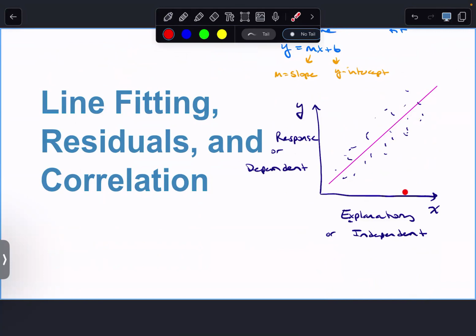Then my goal is to predict what the response would be. Of course, the thing I'm interested in is the response variable. So maybe it's easy to collect information on x, but difficult to collect information on the response. So then we take that value of x and plug it into our line of best fit to predict the value of y.